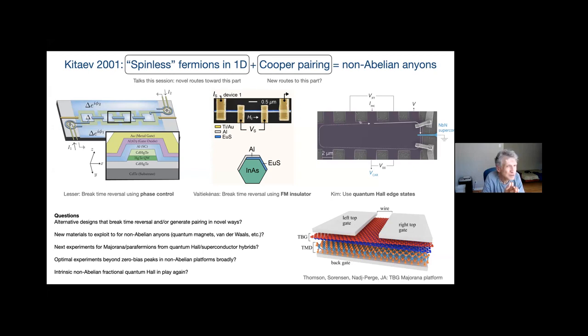So in this respect, I wanted to understand, is there any conceptual difference between magnetic field and the phase, flexing the phase difference in quasi 2D geometry, which was discussed before the break, where you break time reversal symmetry with phase control? And why would one be better than another?